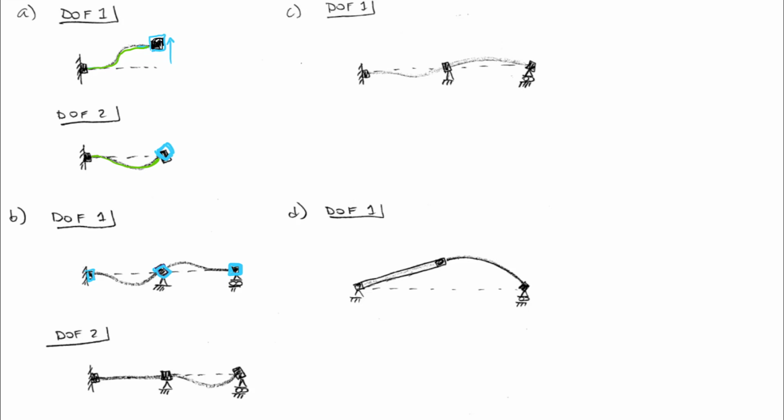So now I have this translation and that slope at each of the 4 locations of interest. I now combine this information with a smooth curve, and I get the deformed shape that I'm looking for.